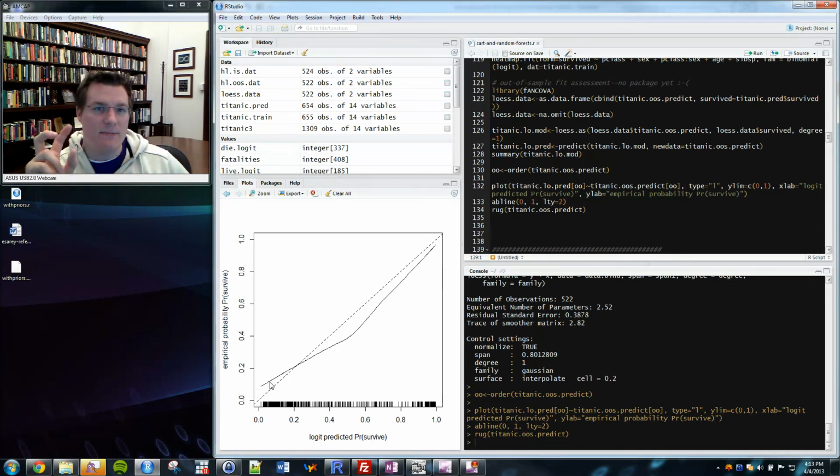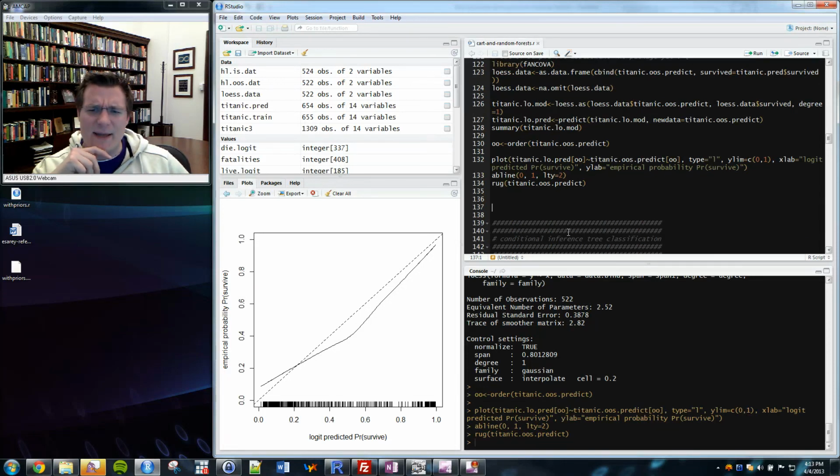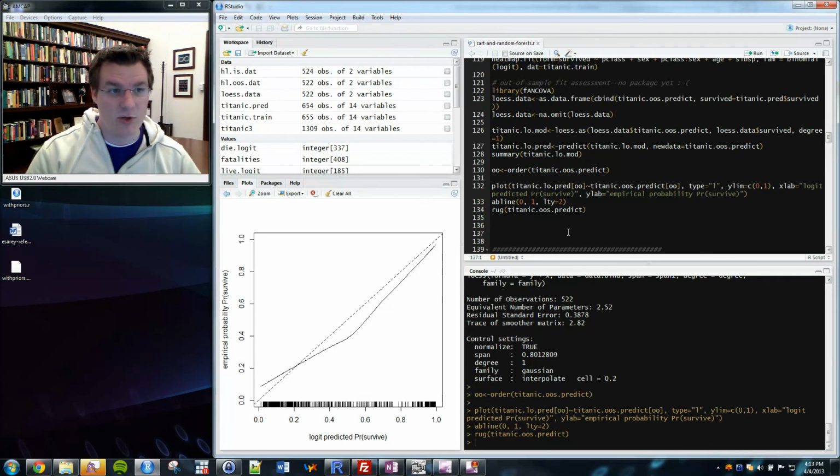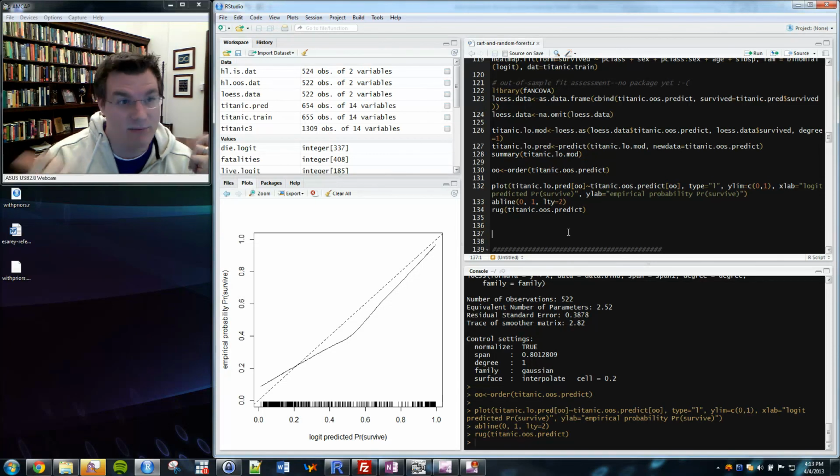So the model is missing out on some aspect of the process here, because it's telling the predicted fatalities they have a greater chance of dying than they actually do, and it's telling the survivors that they have a greater chance of surviving than they actually do. So that gives us some sense of what that Hosmer-Lemeshow test statistic might have been picking up in the out-of-sample case. Even though the fit in sample is tremendous, there might be something missing from this model that's hampering its ability to really nail the out-of-sample predictions in a way that would be optimal.